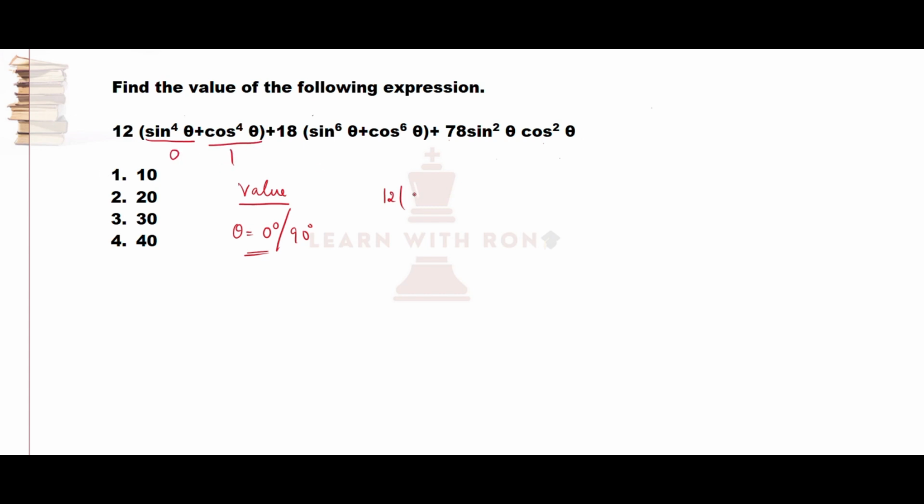So 0 plus 1, 1. See 18 times again sin 0 degrees 0, cos 0 degrees is 1. 0 plus 1, 1 plus, see here sin 0 degrees is 0, 0 multiplied with any number 0. So 0. So finally got 12 plus 18, answer 30, which is option number 3 here.